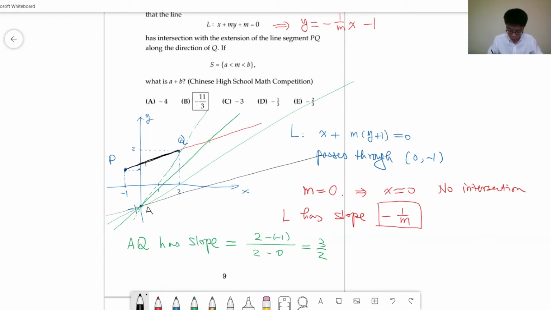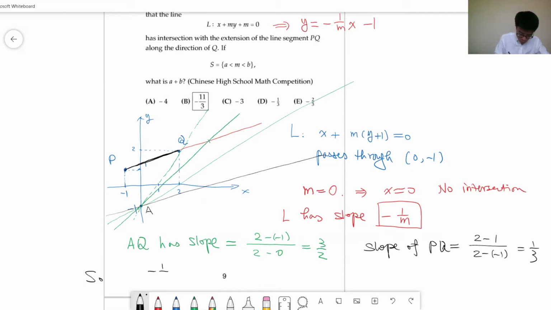So the limit will be, let me do it this way, the slope of PQ, that's equal to 2 minus 1 over 2 minus negative 1, which is 1 over 3. So the slope must be between 1 over 3 and 3 over 2.